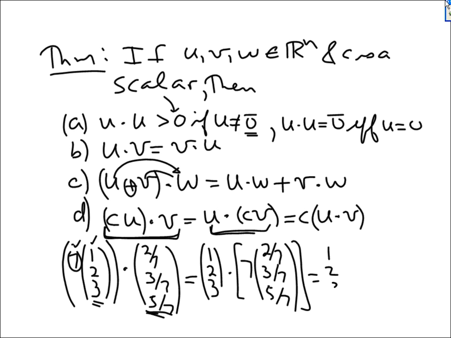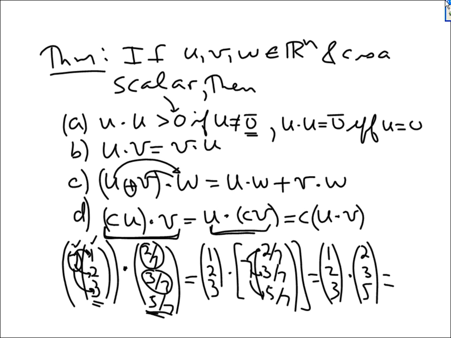You get 1, 2, 3 dotted with, now you multiply each of these entries by 7, and you just get the numerators, 2, 3, and 5. And this dot product is nice and easy to do. You don't want to get 7, 14, 21, and then multiply that vector with 2 over 7, 3 over 7, 5 over 7. That's just ridiculous.